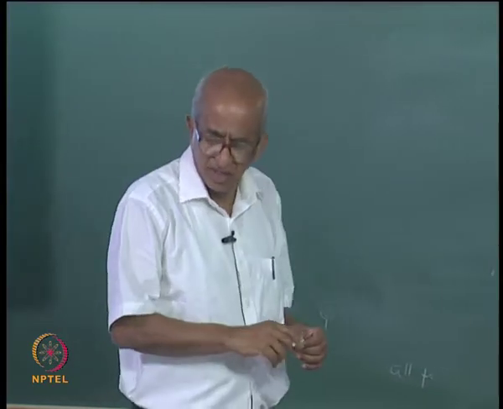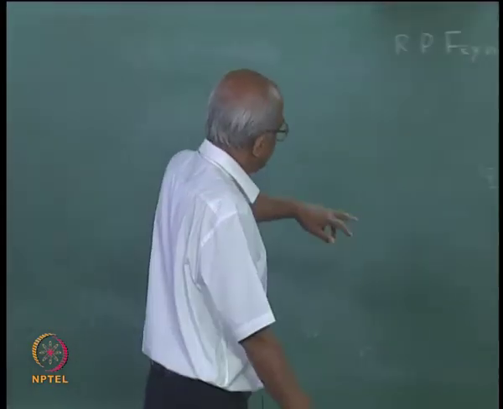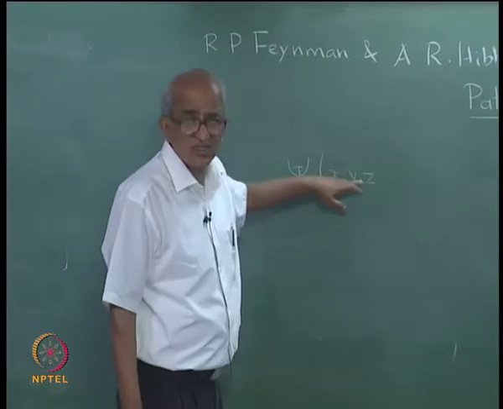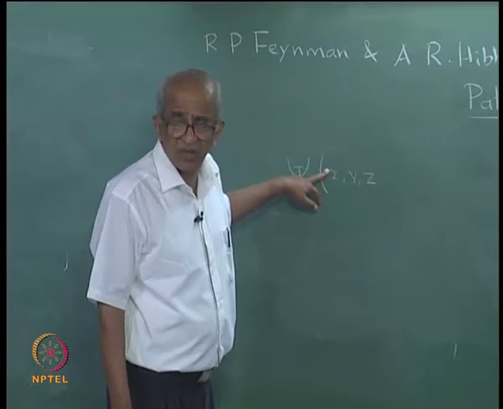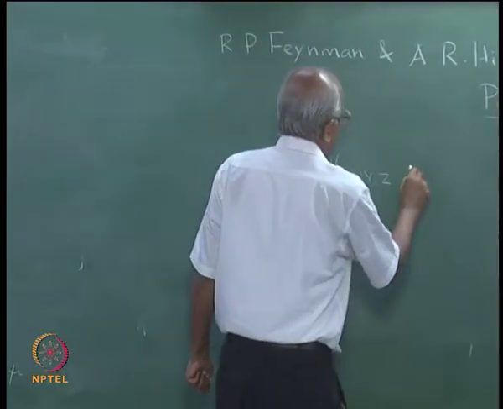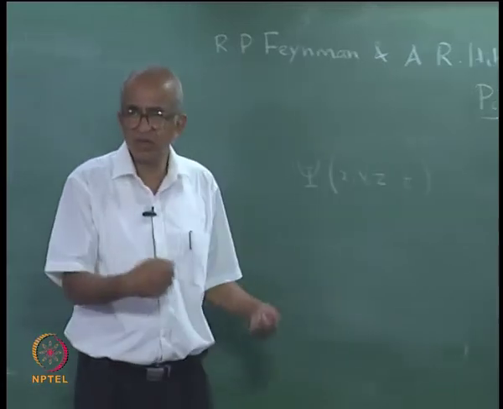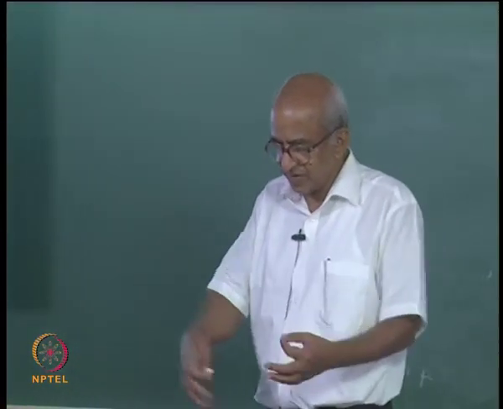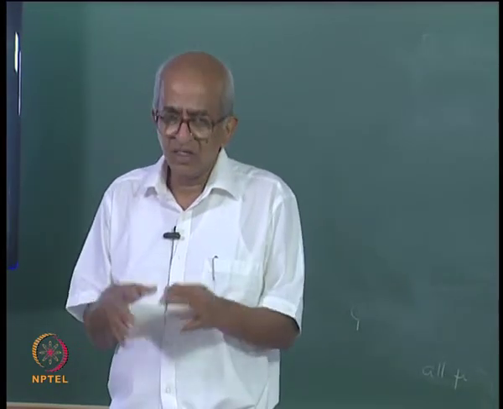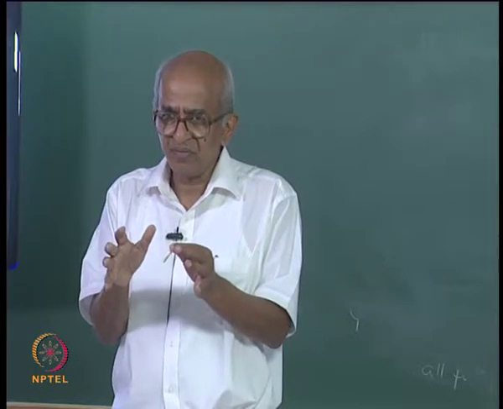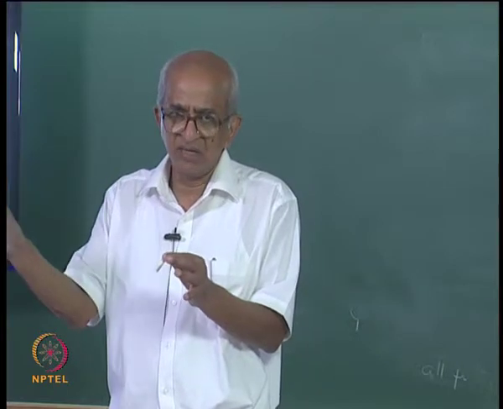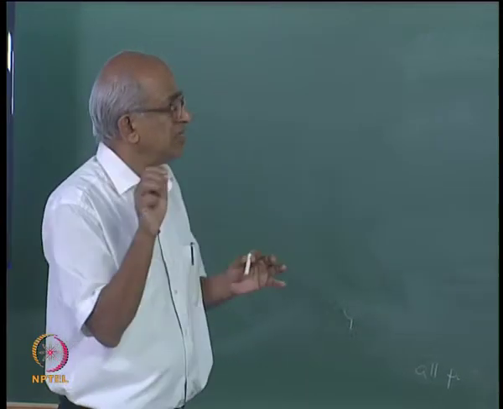So, if the electron's position is specified by x, y, z, then in such a situation the wave function will be a function of these 3 position coordinates. But not only that, as time passes, the wave function may change, and it may therefore depend upon time. So, if we have an electron which is moving in 3 dimensional space, which is what it will do, then it will have a wave function psi, which will depend upon the position coordinates of the electron and the time t. Okay.